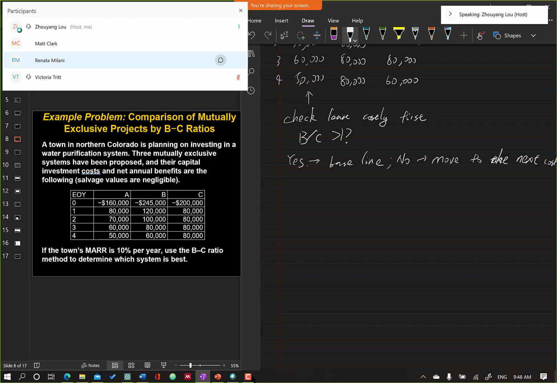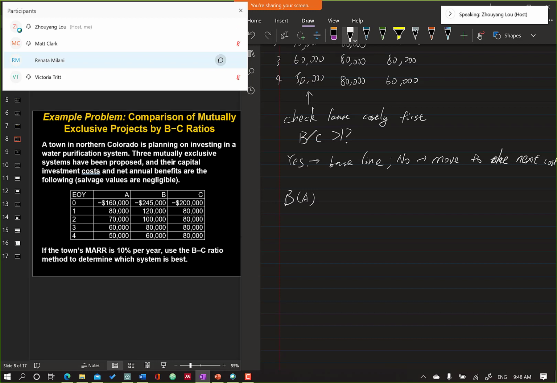For the benefit part, what do we recognize here? This A, 80,000, 70,000: there's a very obvious pattern.